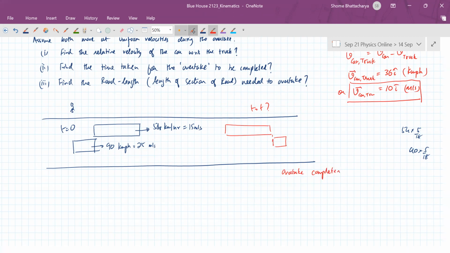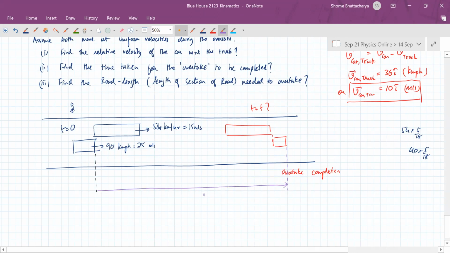In this diagram, you can see that this is the displacement of the car, and comparatively, this is the displacement of the truck.